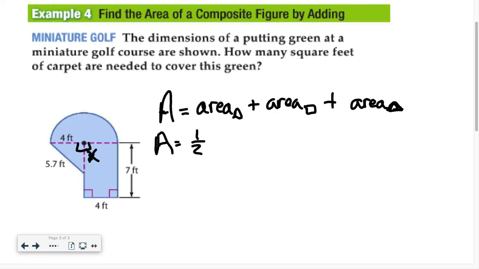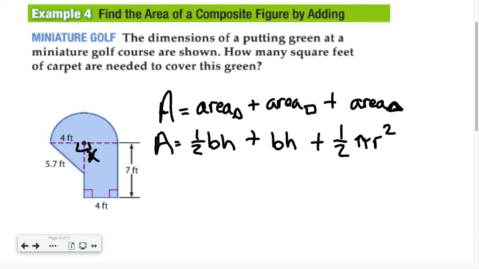So we've actually got to use a little bit of problem solving on this one. So base times height, plus area of the rectangle, which is just base times height. Rectangle, same thing. And then area of a semicircle, that's half pi r squared. Pi r squared is an entire circle, so a semicircle is half of that.